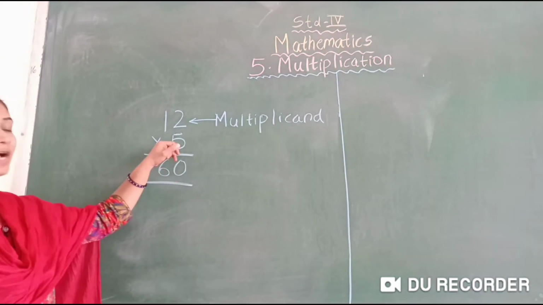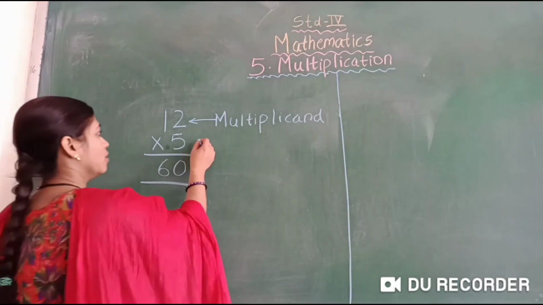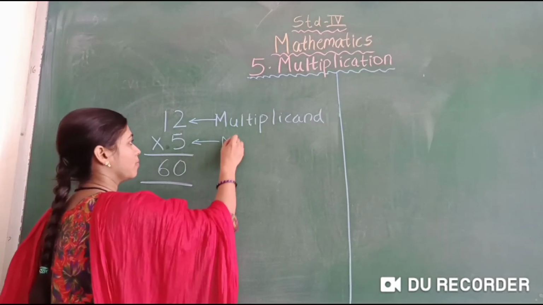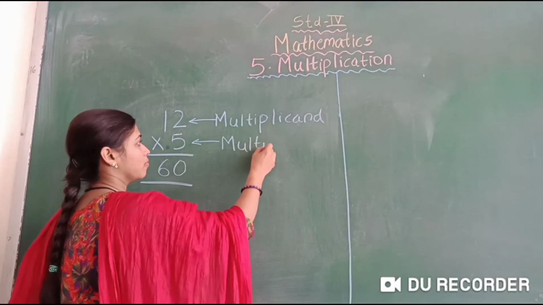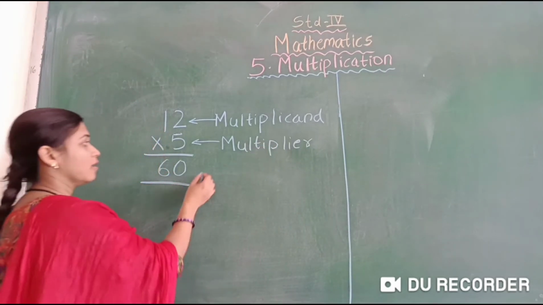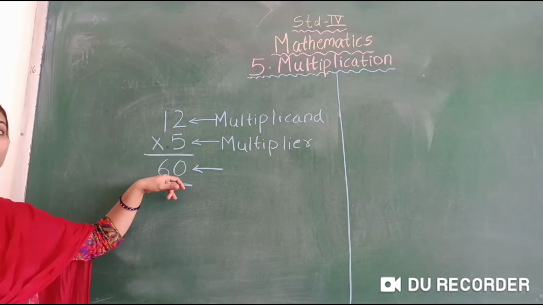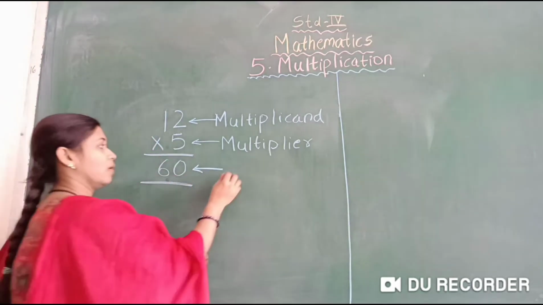The number by which the multiplicand is being multiplied is called the multiplier. And the answer we get after multiplying is called the product.